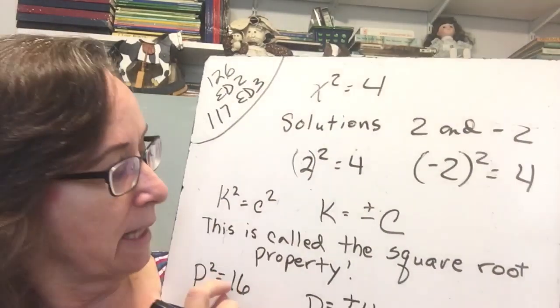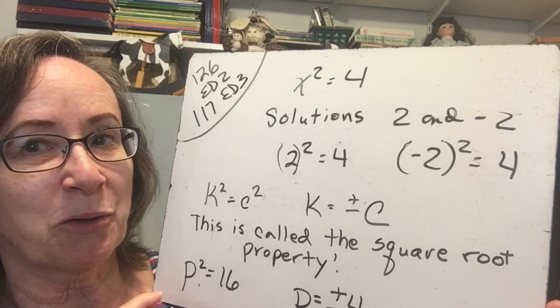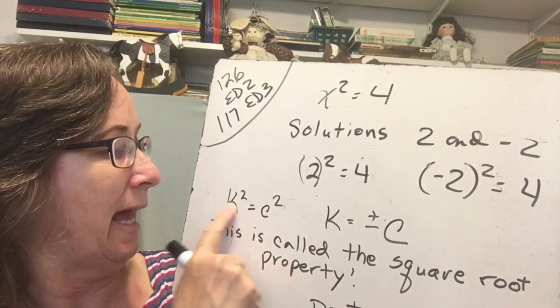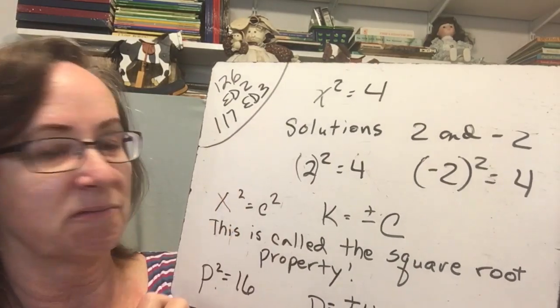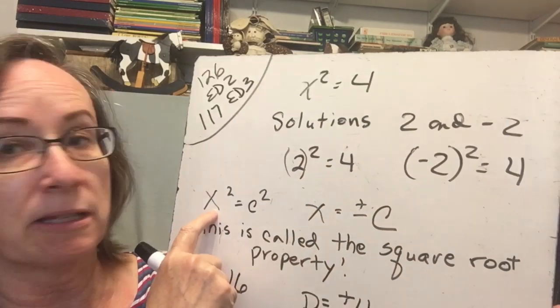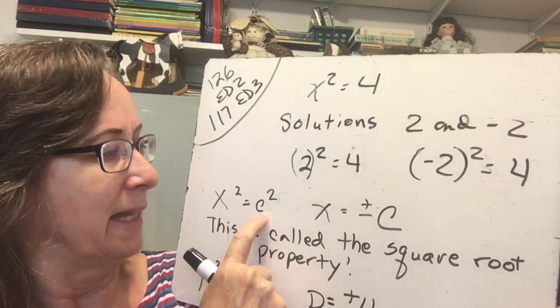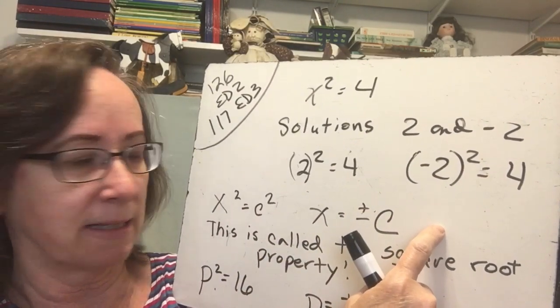And here's our rule. This rule is called the square root property. Anytime we have an equation that is set up with a variable squared, we'll just say it's x squared, because that's the one you're familiar with. So x squared is some constant squared, then x must be plus or minus the constant.